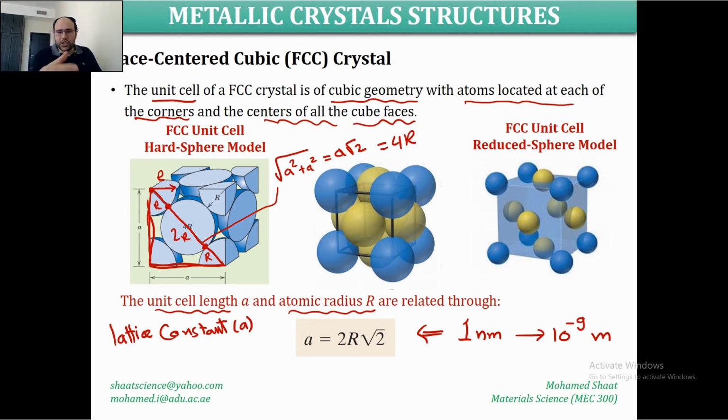This radius is a material property that differs from one material to another. They are known. If you search for the atomic radius of aluminum, copper, iron, any metal, you will find it on Google. There are lots of textbooks, and I'm going to provide you a table with these radius values. Make sense?